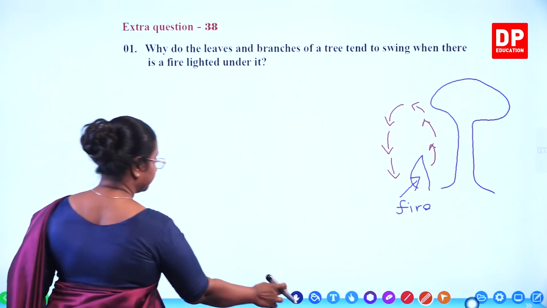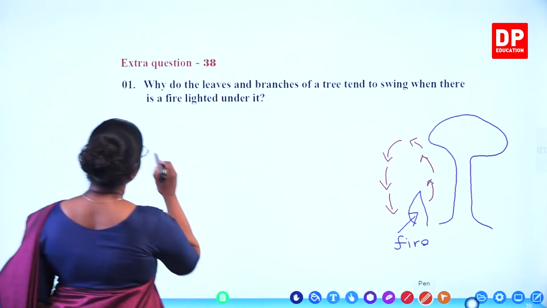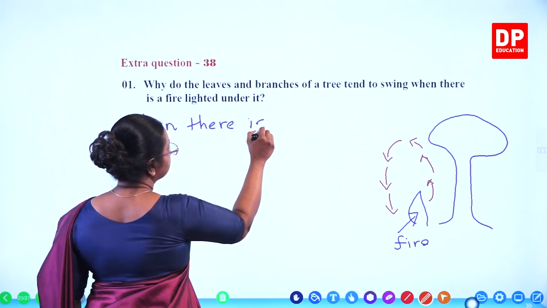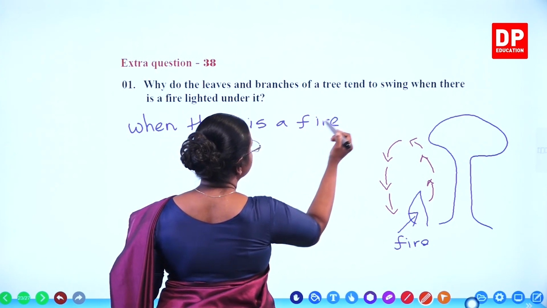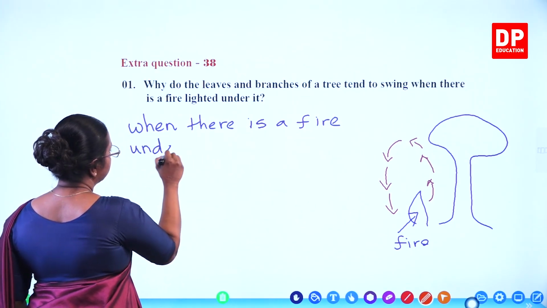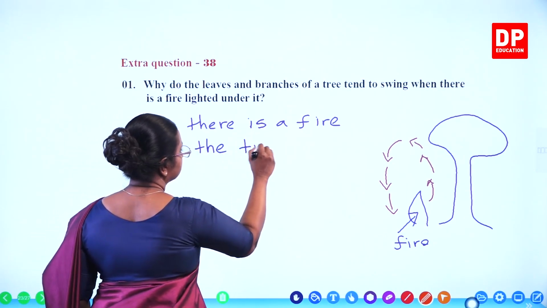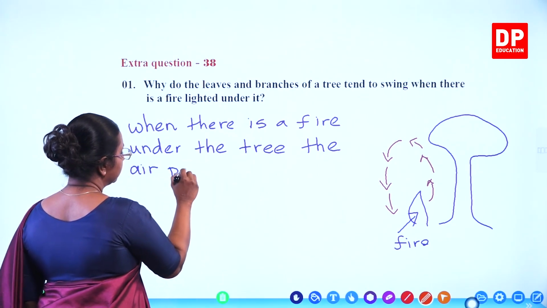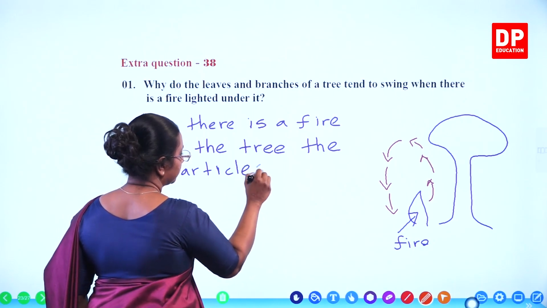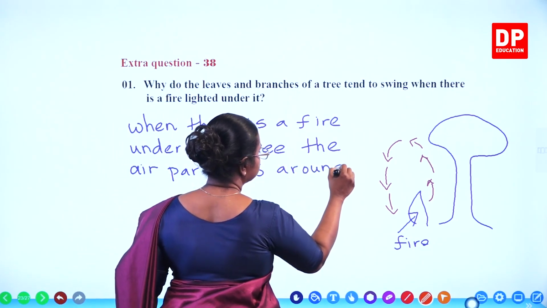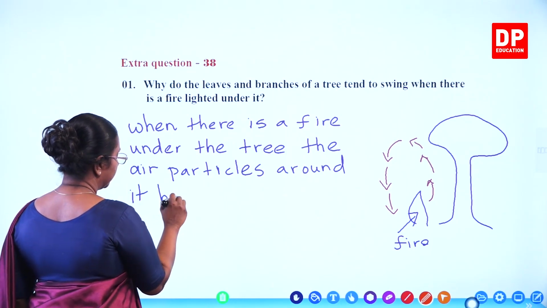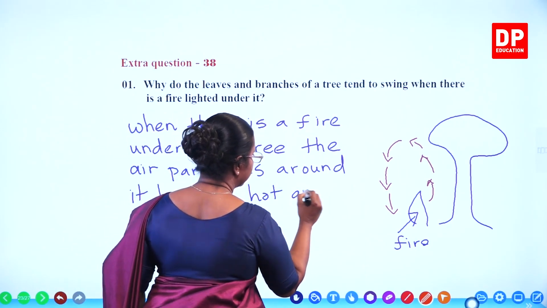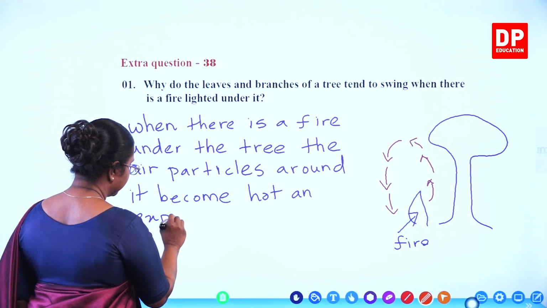So here, why do the leaves and branches of a tree tend to swing? So we can say, when there is a fire under the tree, the air particles around it become hot and expand.